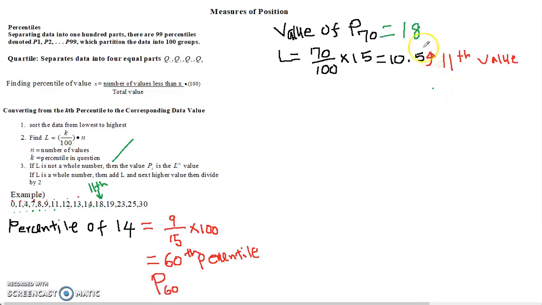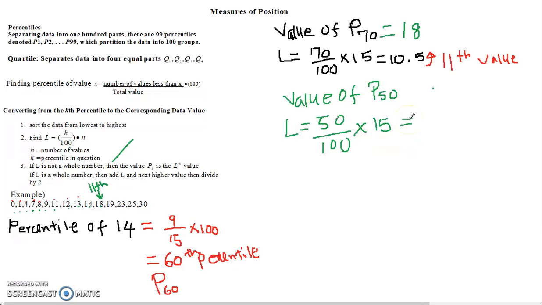So what happens if you have, let's say, a whole number? Let's say we want to find the value of P50. So the L value now becomes 50 divided by 100 times 15.